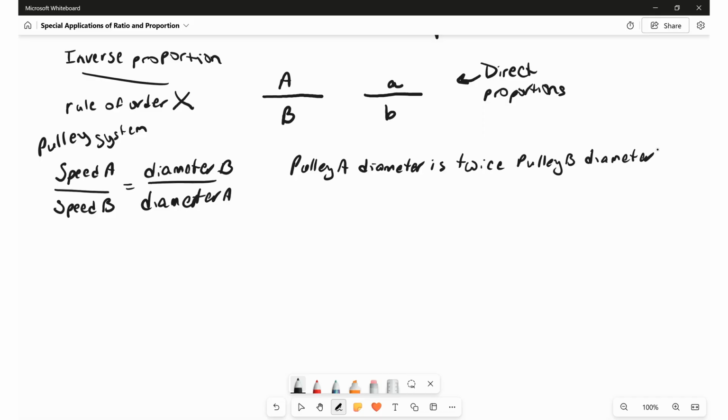Okay. And we are also told that when pulley A makes one turn, pulley B makes two turns.